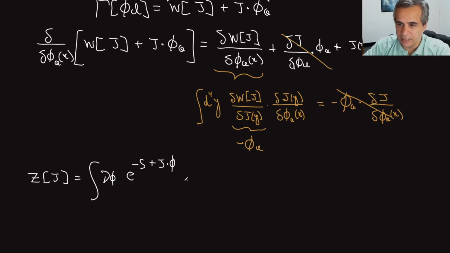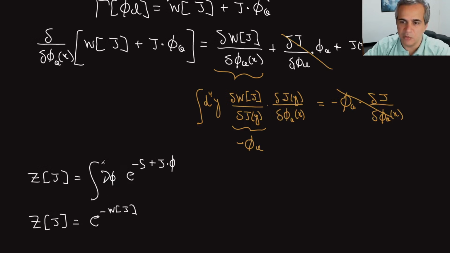And that's at the same time Z of J, which I used to define the exponential of minus W of J. It is understood here, of course, that Z of J is written in this way, understanding that we're taking vacuum to vacuum conditions here.